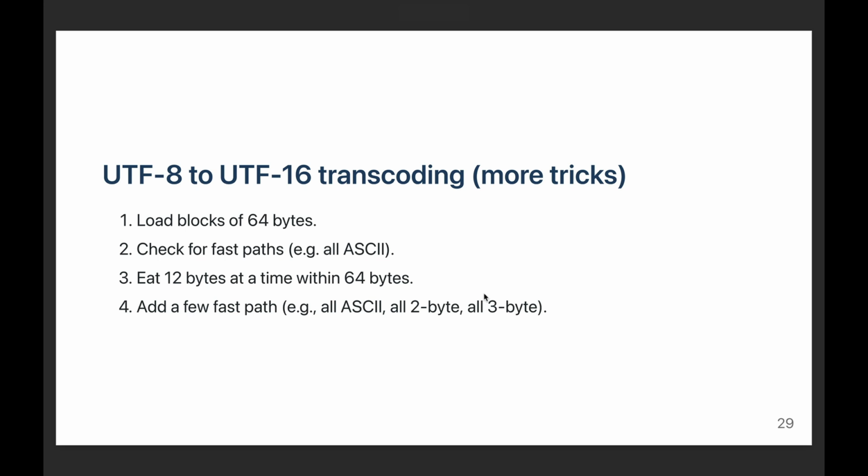For example, we can check whether we have ASCII bytes in one stream. So that would be a really fast code path. We can also use other fast paths for the cases where all 12 bytes in a sequence are ASCII, or they're all 2 bytes, or they're all 3 bytes. So we can add special code paths for these cases, which help our performance when we're lucky.